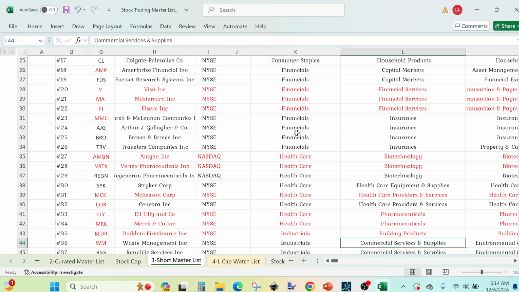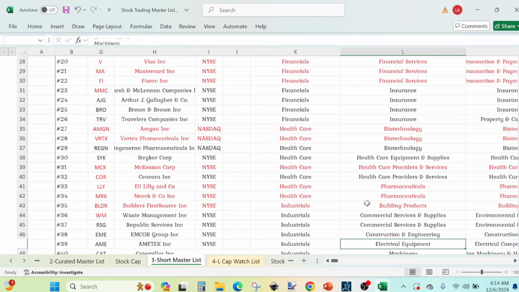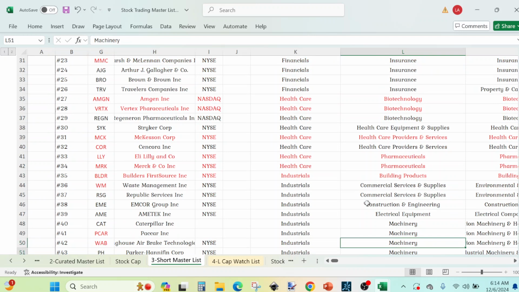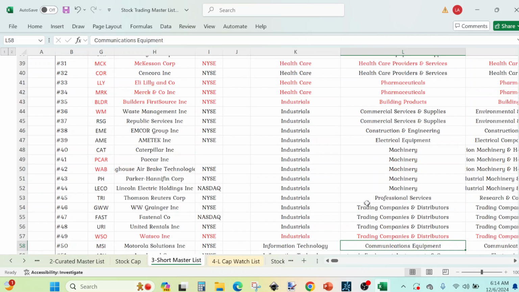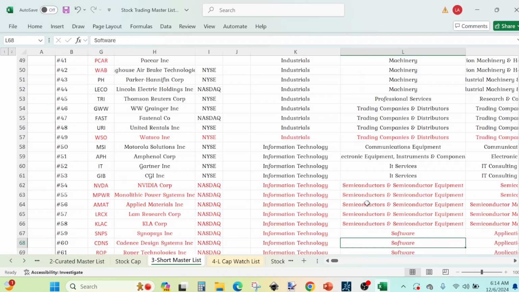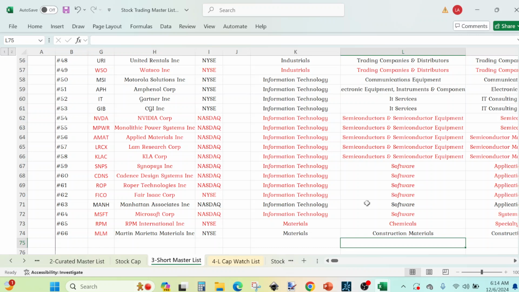You can see they are by sector, and those are the stocks we traded during the year. Not all of them behaved nicely, but that is the idea behind our short watch list that we traded.